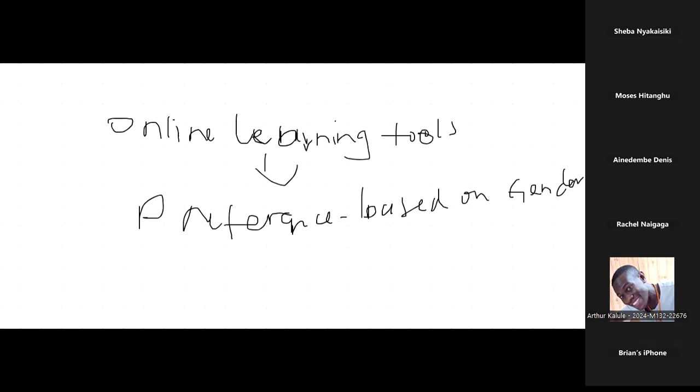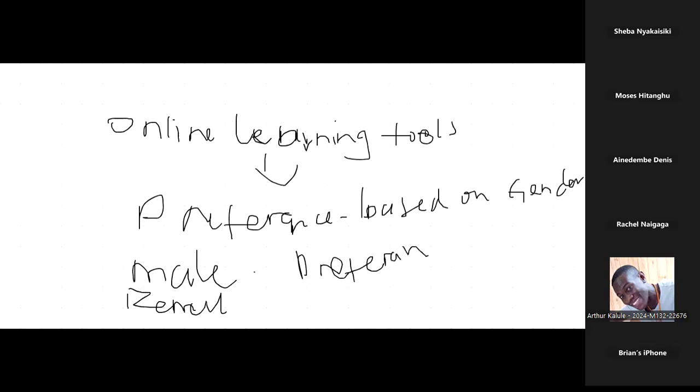By the time I state the hypothesis, I'm not looking at whether there is a negative. I'm not stating that the male prefer and the female prefer. I'm simply stating preference of online tools versus physical classes between male and female.